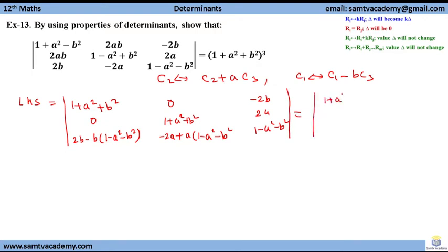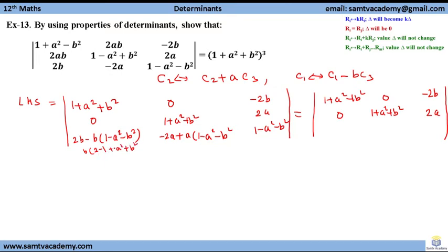So it is 1 plus A square plus B square, 0 and minus B. The second column also remains the same: 0, 1 plus A square plus B square, and 2A. Now we solve this: we can take B common from these two. 2 minus 1 is 1, minus... you will get plus A square plus B square.